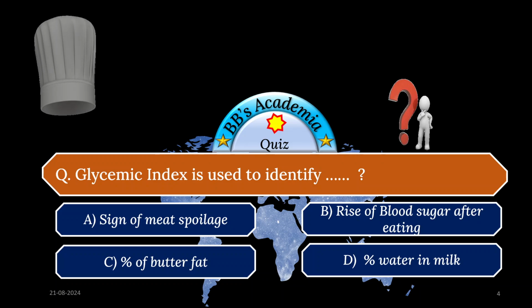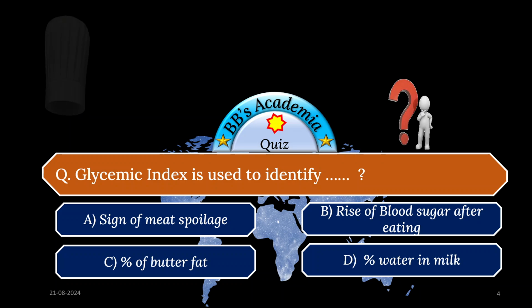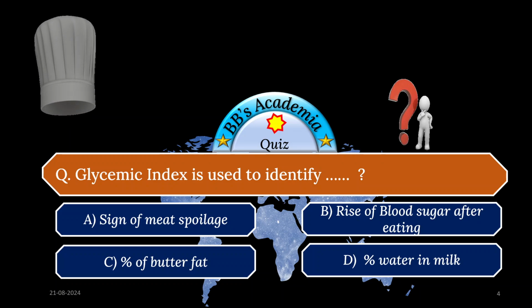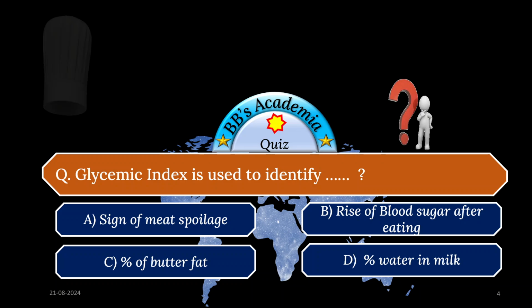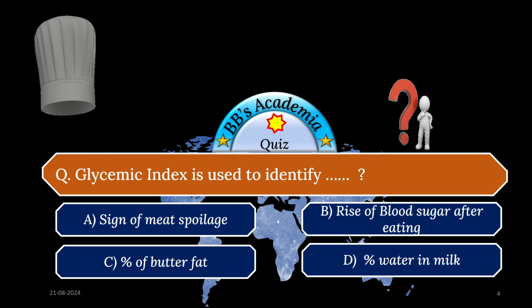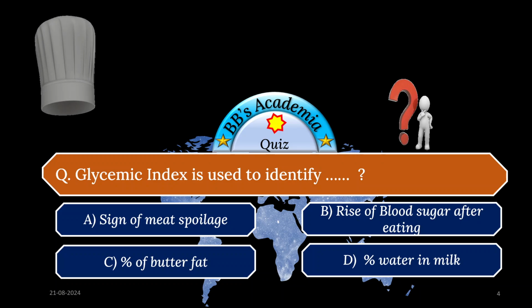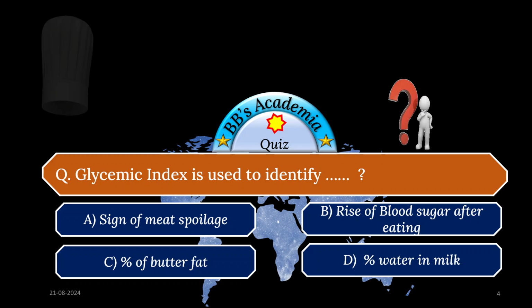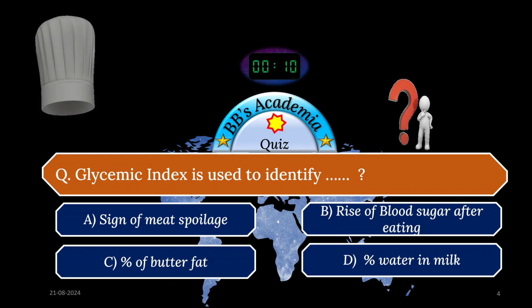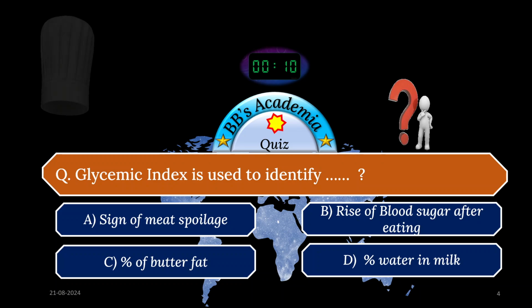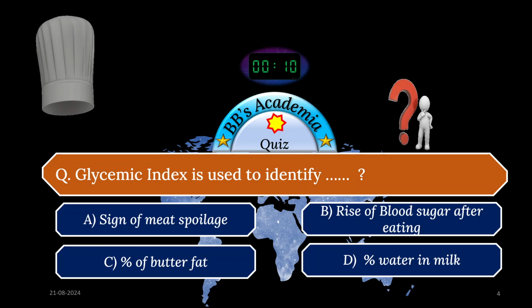Option C, the percentage of butter fat. And option D, the percentage of water in milk. These are the 4 options, and you have 10 seconds to click the right answer, and your time starts now.